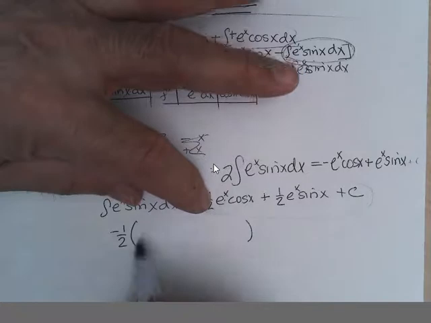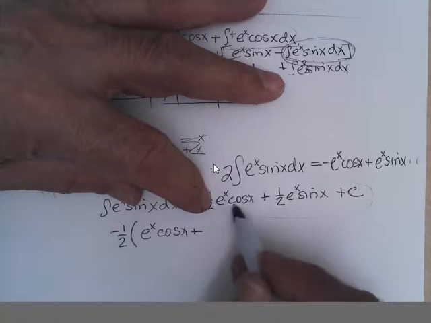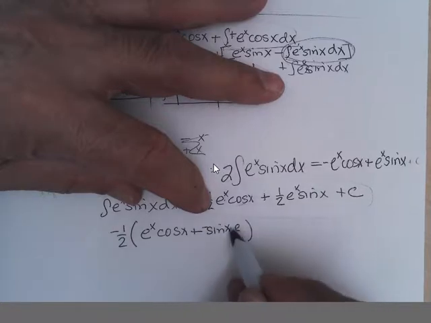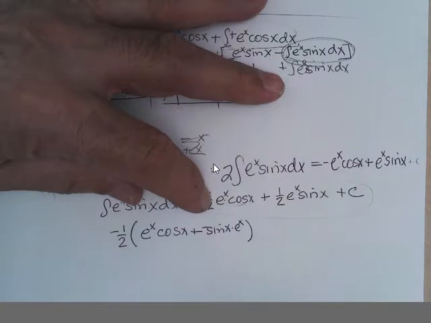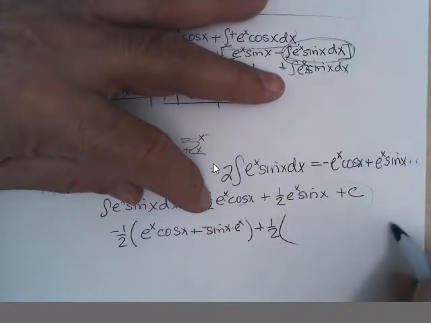Derivative of e to the x is e to the x times derivative of the first times the second, plus the derivative of the second, derivative of cosine, is negative sine x times e to the x, plus 1/2, again a product rule.